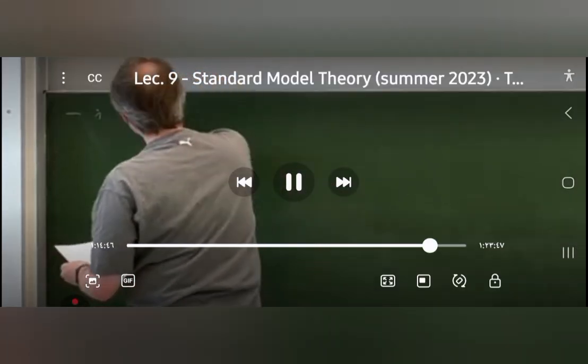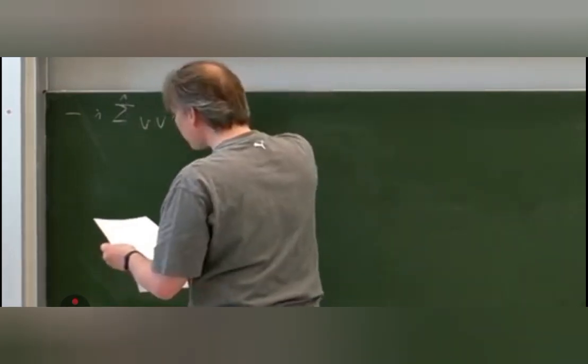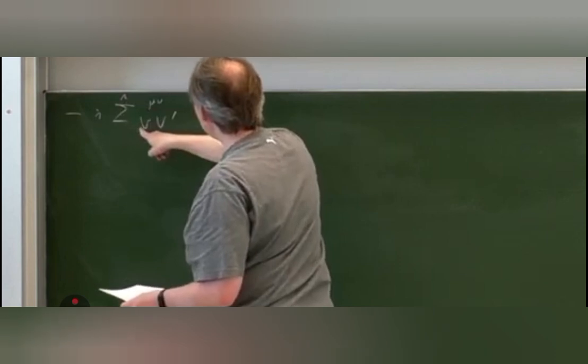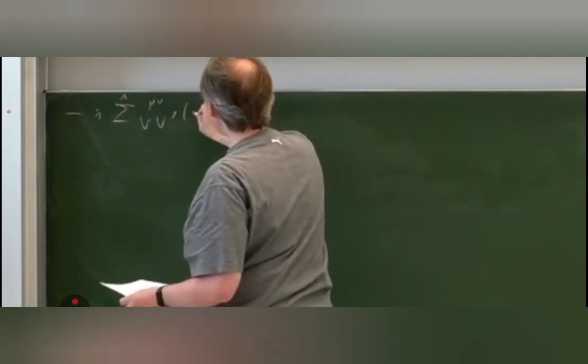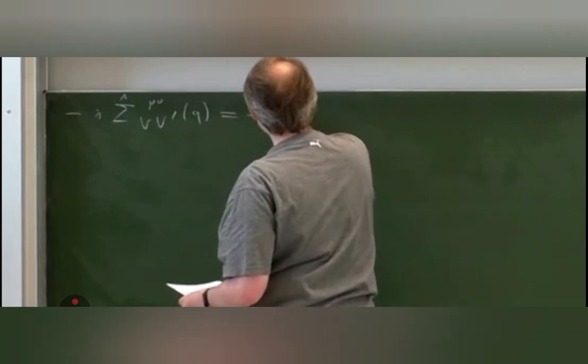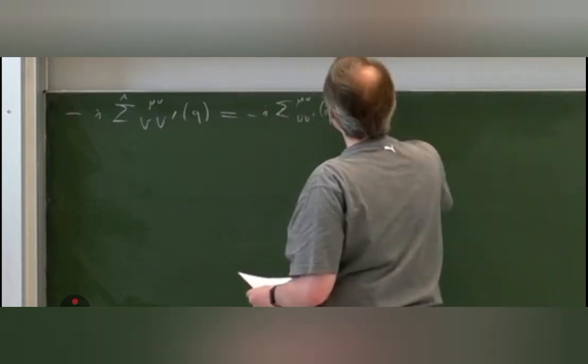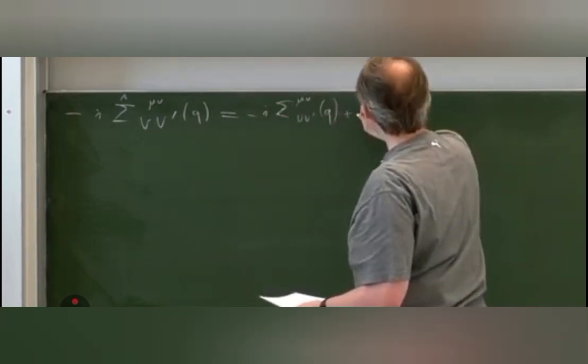Now, let me add to this a small list of important Green functions. So we would now have things like the renormalized vector boson self-energy at the one-loop level, which we denote like in QED, Sigma hat VV' mu nu of q, which is then equal to minus i Sigma without hat mu nu VV' of q plus the counter term Feynman rule, which I simply write like this.